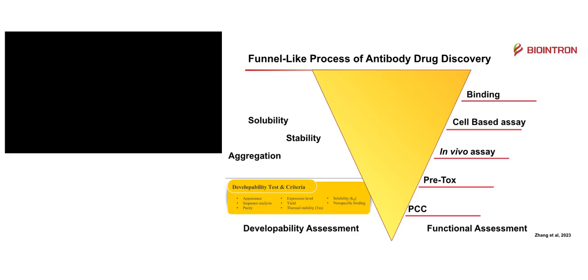It's quite complicated, but in Biointron we have optimized the system to give you some very common options of the developability assays to give you a full evaluation of the developability.